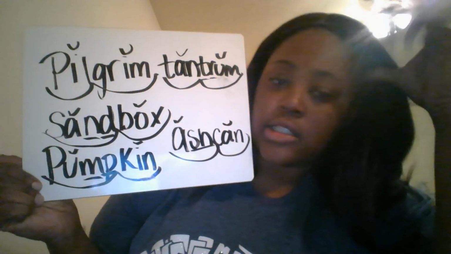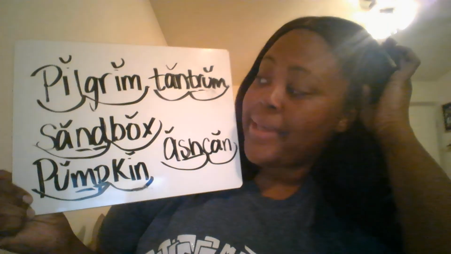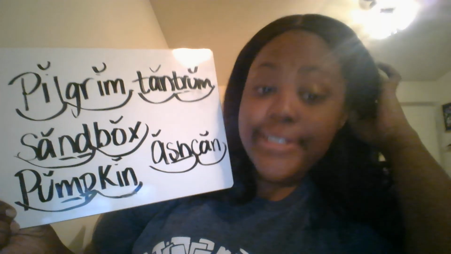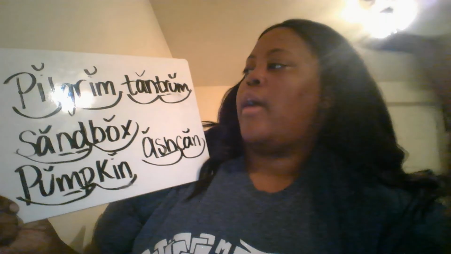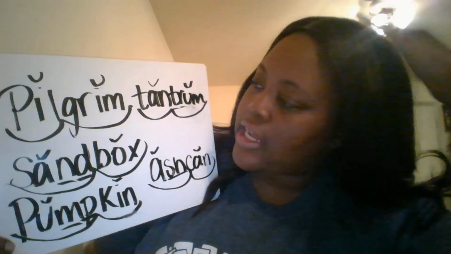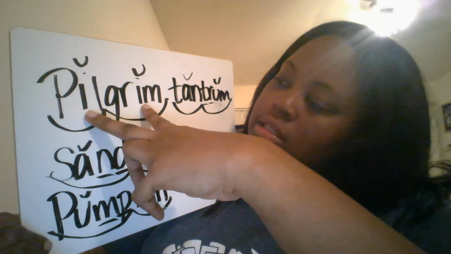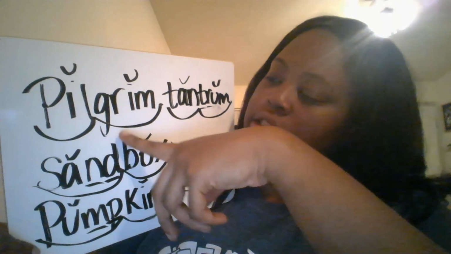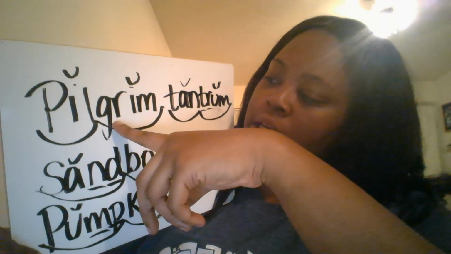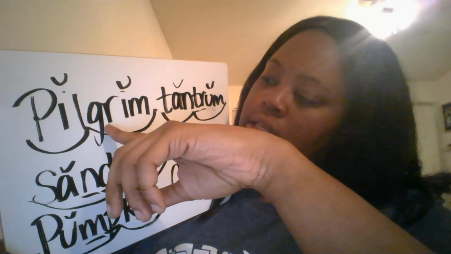I'm going to break each of these down. If you look at pilgrim, I know sometimes we say pilgrim is grim. That's short I sound. I and I are my vowels. I have an L, a G, and an R in between. Those are 3 consonants.